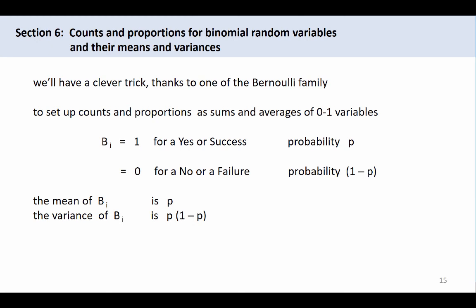So we're going to define these Bernoulli random variables to be a 1 for a yes or a success with probability p, and a 0 for a no or a failure with probability 1 minus p. And we'll go through the algebra to show that the mean of these random variables, all of them, is going to be p, and the variance is going to be p times 1 minus p.